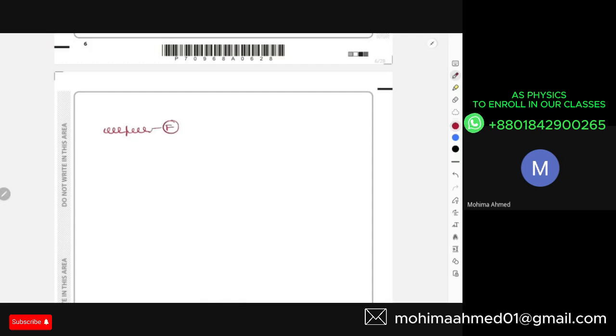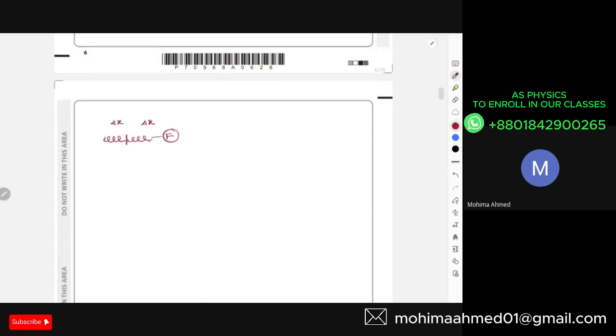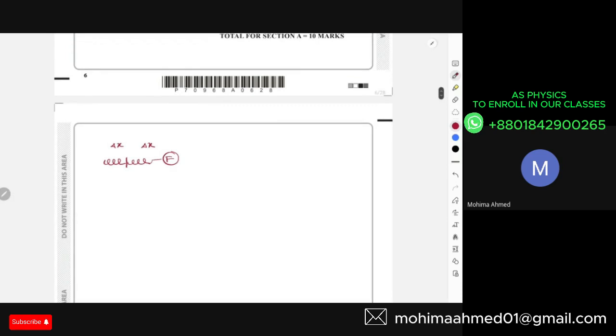Over here, each of the springs is going to extend by delta x. Now if you talk about a normal wire, when you are focusing on only one wire and you're applying a force of F newtons, for those cases I get to use the equation energy is equal to half F delta x, right?